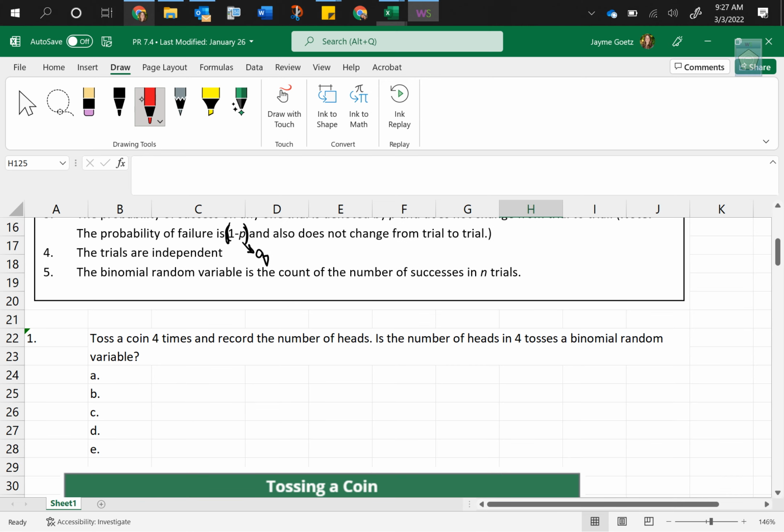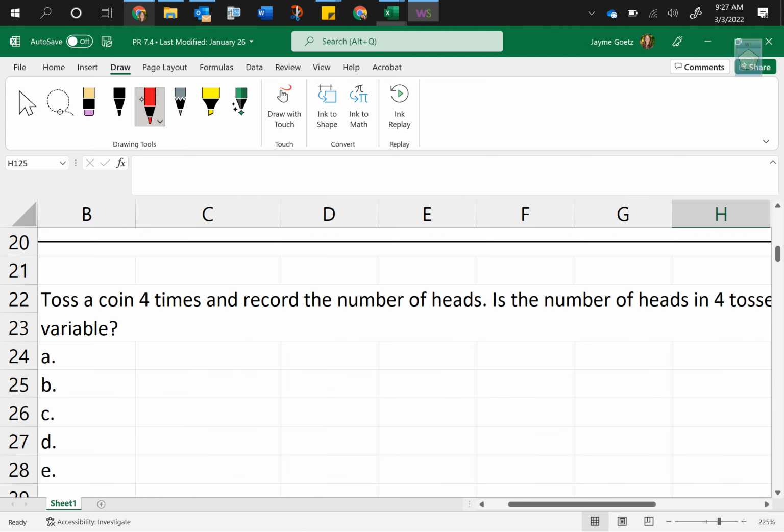Are there 2 outcomes when you toss a coin? Yes. What is my success going to be? My success is going to be heads, which means my failure is going to be tails. So that works for the first rule: 2 outcomes, heads and tails. Success is heads, failure is tails.